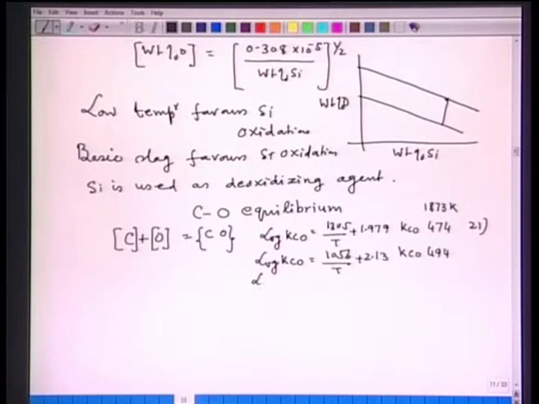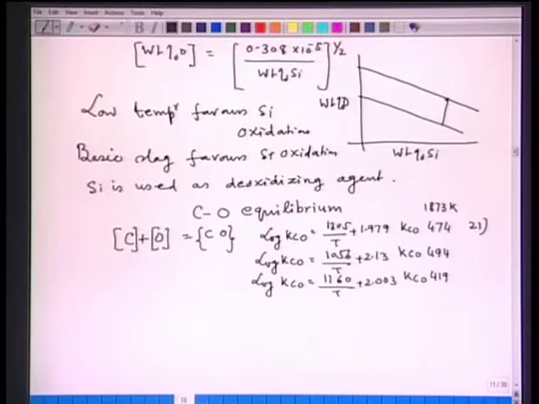If I take even another source, log of KCO equal to 1160 upon T plus 2.003, here I get KCO equal to 419. What I wanted to say is that depending on the source, the value of KCO may differ, and the references of all the sources I have given at the end of the lecture under references for further reading.